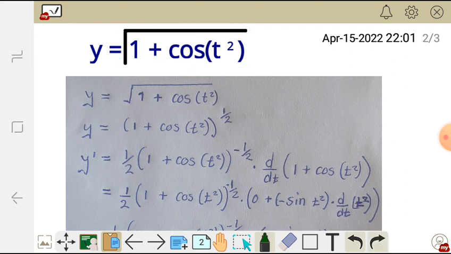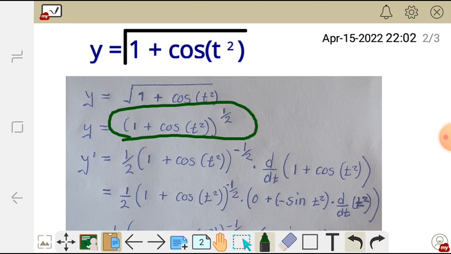The square root of 1 plus cos t squared is the same as (1 plus cos t squared) to the power half. Now we can differentiate this using the chain rule.